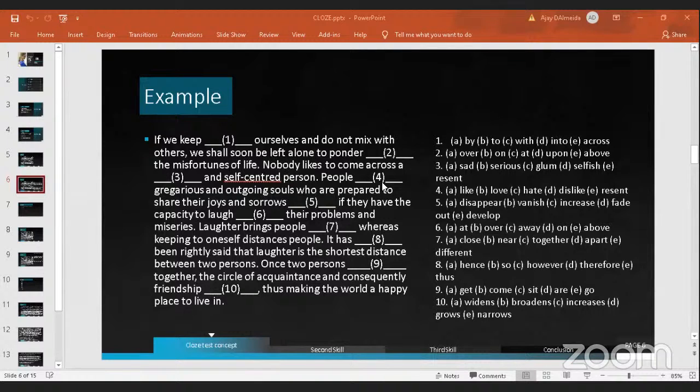But there is another word which is closer to sad but much deeper than sad. That is called glum. A person who only ponders is sad, but a person who selectively ponders on misfortunes of life is a glum person. The answer is glum. Nobody likes to come across a glum and self-centered person.